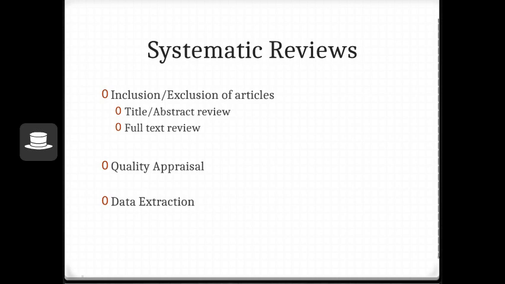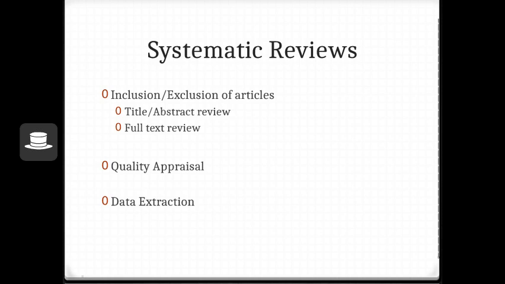And then also part of the inclusion and exclusion of articles is the full text review, where they're making the final decision to exclude or include an article in the systematic review. And remember, those pieces are based on the inclusion and exclusion criteria that you set up for the review.